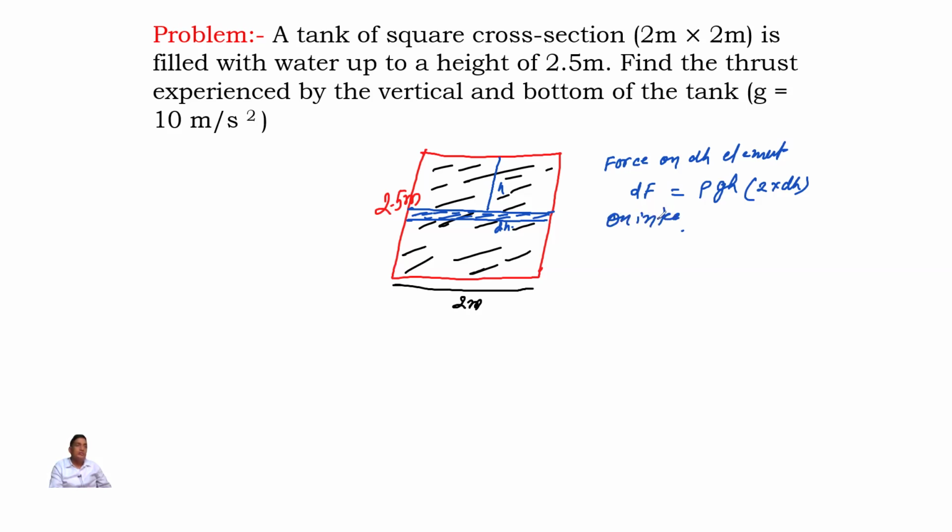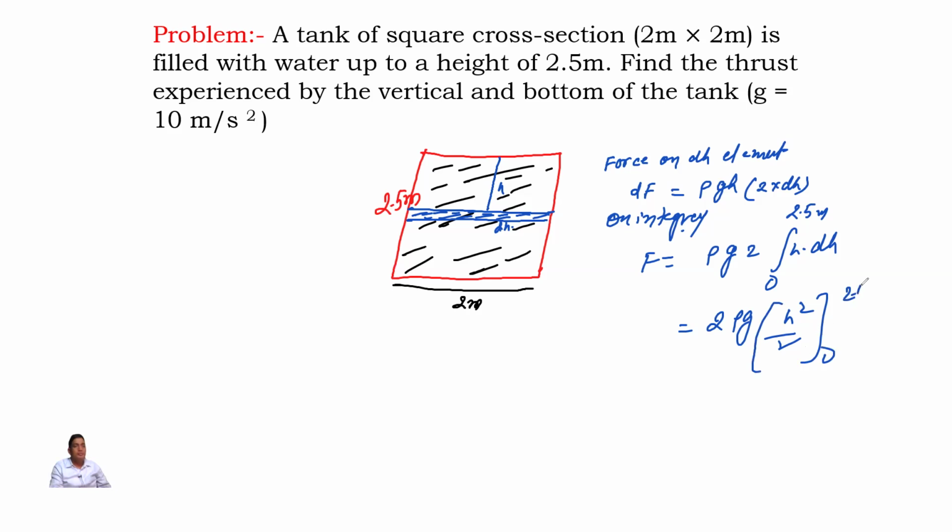On integrating, force will be integral of rho g 2 h dh, from 0 to 2.5 meter. So it is 2 rho g h square by 2, from 0 to 2.5. So 2 will be outside, so it is rho g 2.5 square.